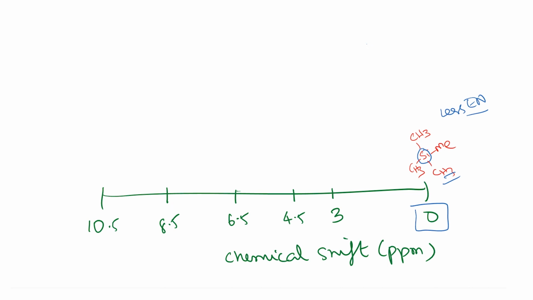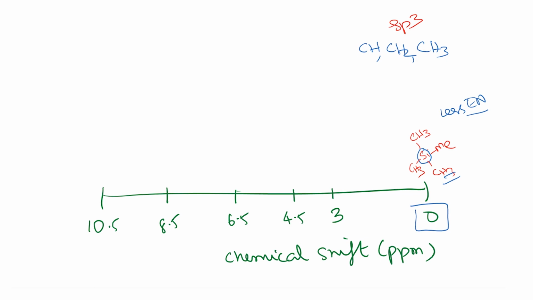Now, when compared with silicon, carbon is obviously more electronegative. So, if we look at CH, CH2 and CH3, these are hydrogens which are sp3 hybridized.